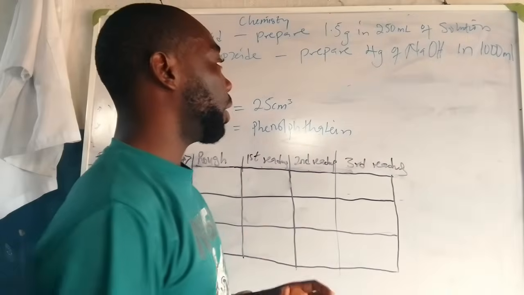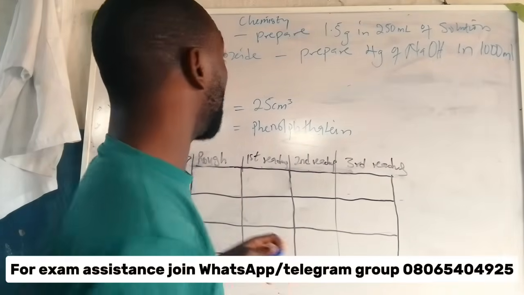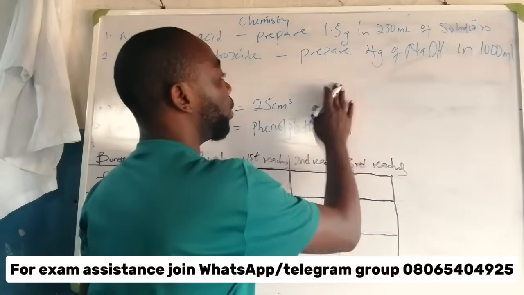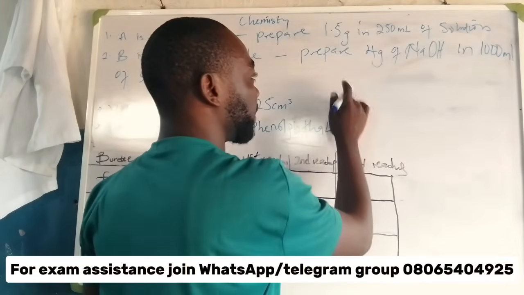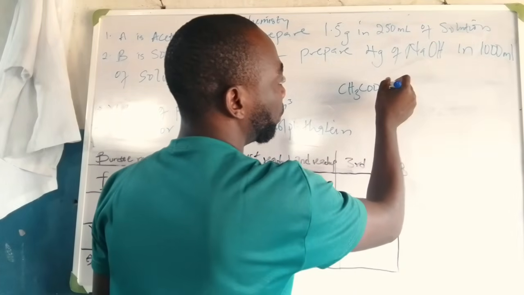Okay, so now I want us to look at the equation for reaction, which is acetic acid reacting with sodium hydroxide. Acetic acid is given to us as CH3COOH.